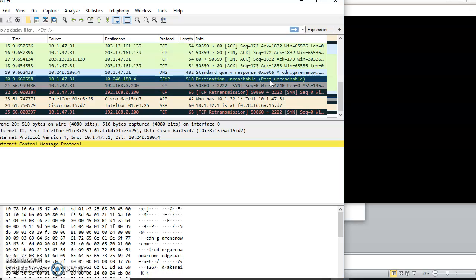Okay, and let's look at traceroute. Traceroute allows you to follow the path taken by a packet around the network. So an ICMP echo is released into the network, and its time to live is set at 0. When it gets to the first router, the value is set to 0.